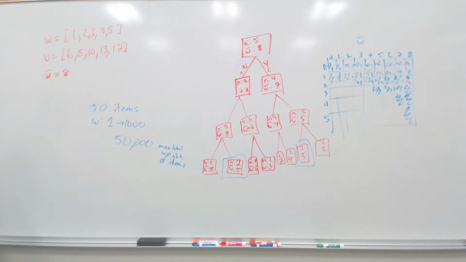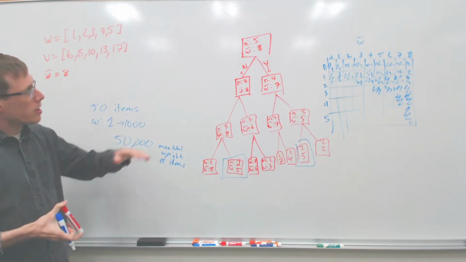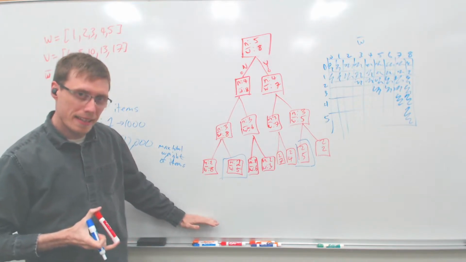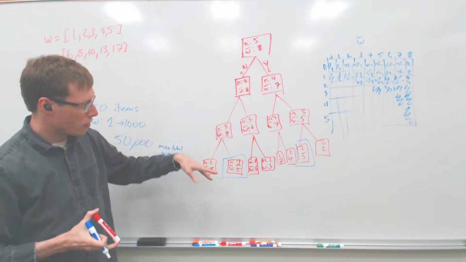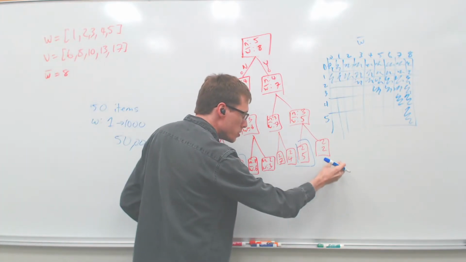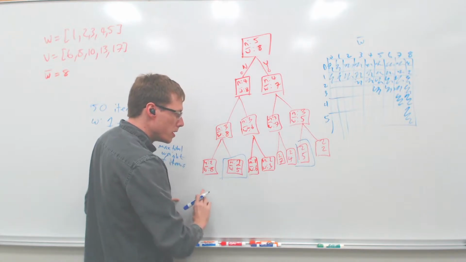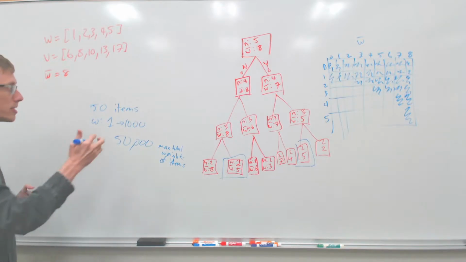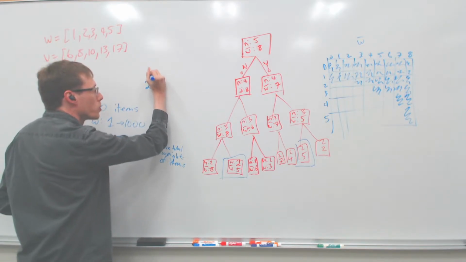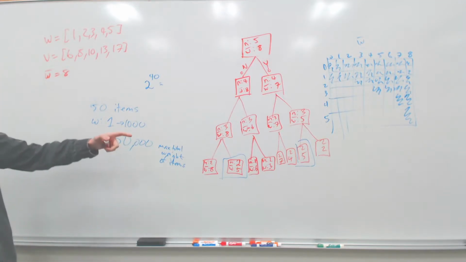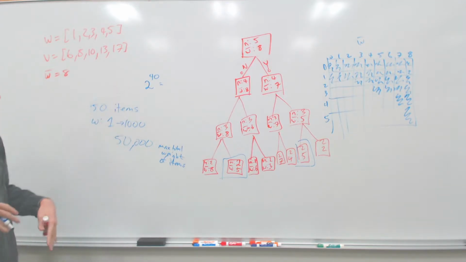Now let's suppose that we keep going down. We start off with 50 items and we keep branching out, and now we're down to only 10. So we've gone 40 of the way down. We have to keep branching and branching. How many nodes will there be at a depth of 40? That's easy enough. That's just going to be about 2 to the 40th. Technically, it's going to be like 2 to the 39, but bear with me.